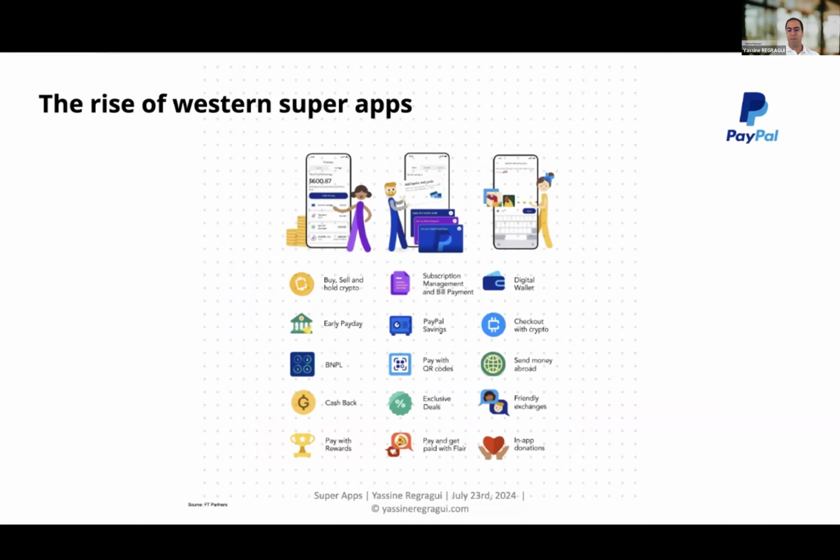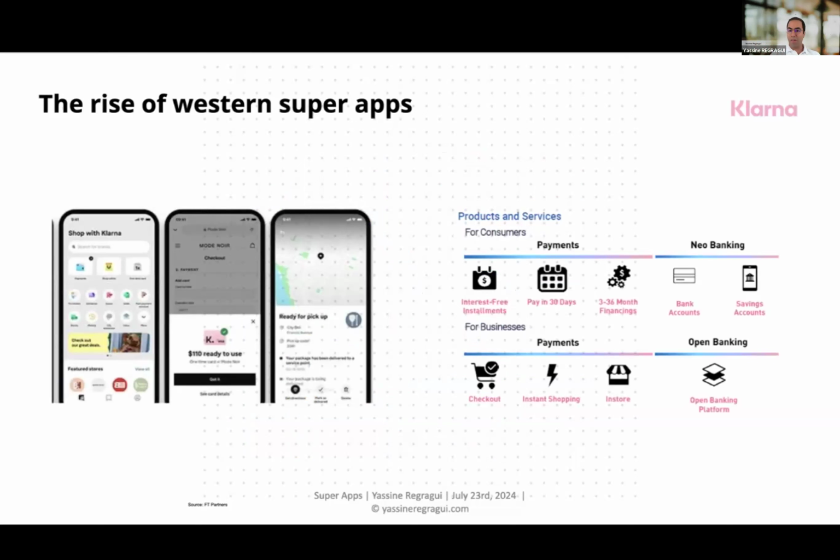PayPal as well. You can see here several type of services, from social services to financial services to charity, etc. So PayPal is definitely considered as a super app. Klarna, which is a buy now, pay later solution in Europe, born and created in Sweden, with, again, services for consumers and for businesses.